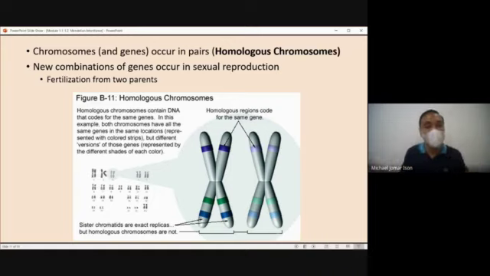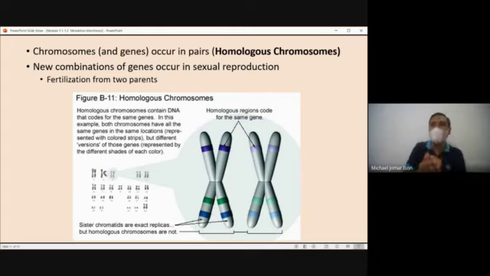Number one is during prophase 1, wherein the homologous chromosomes form a synaptonemal complex, and this produces what we call recombination. This causes variation, reassembling, or recombination of the genes present between homologous chromosomes.